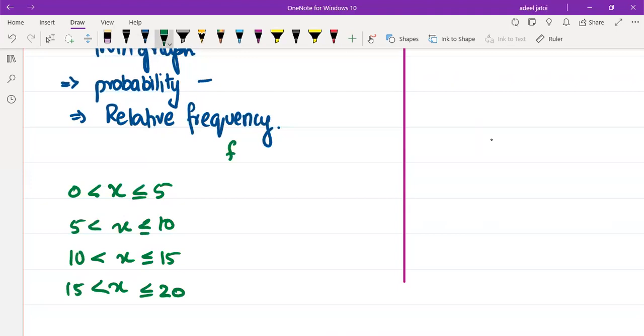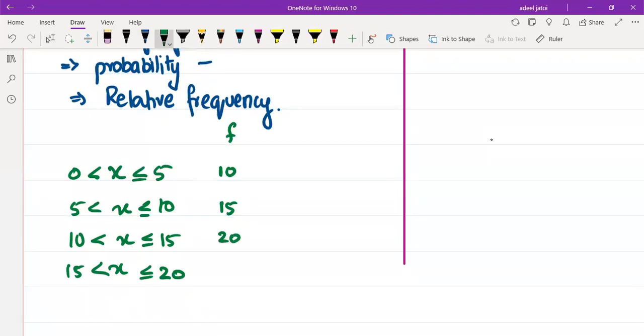Let's say the frequency here is 10, 15, 20, and let's say we have 25 here. So this is your frequency for each class width.